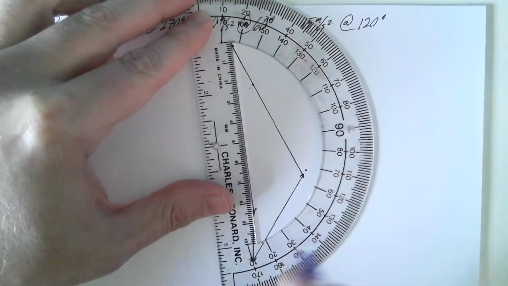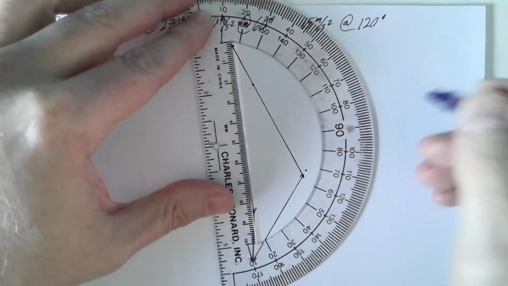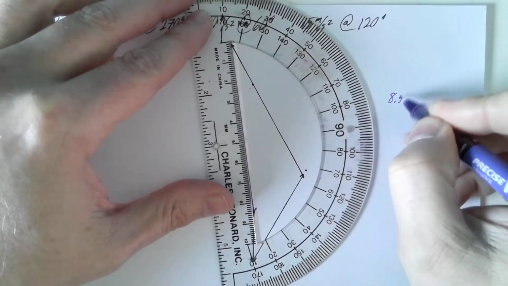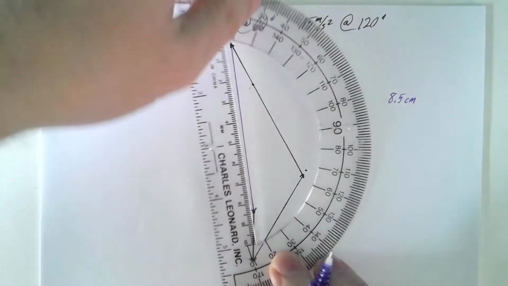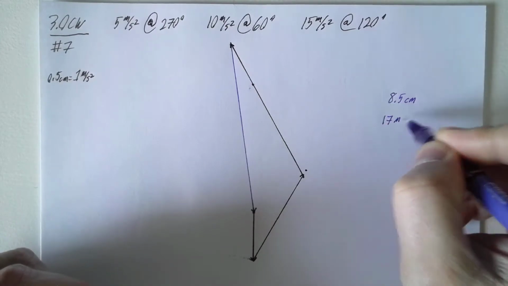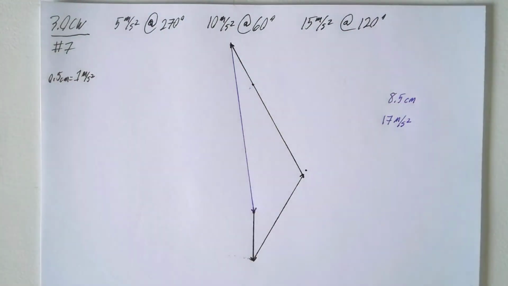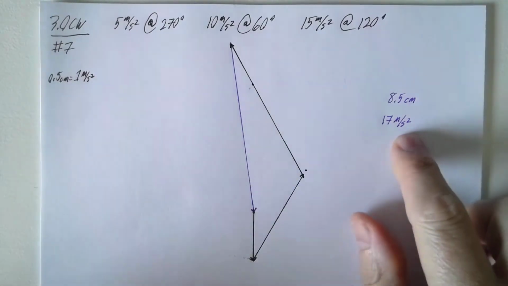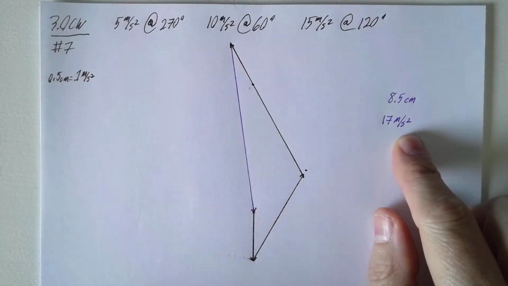If we look, we can go ahead and measure about 8.5 centimeters. So at our scale, we'll just double this, which gives us 17 meters per second squared. That's the magnitude of our resultant.